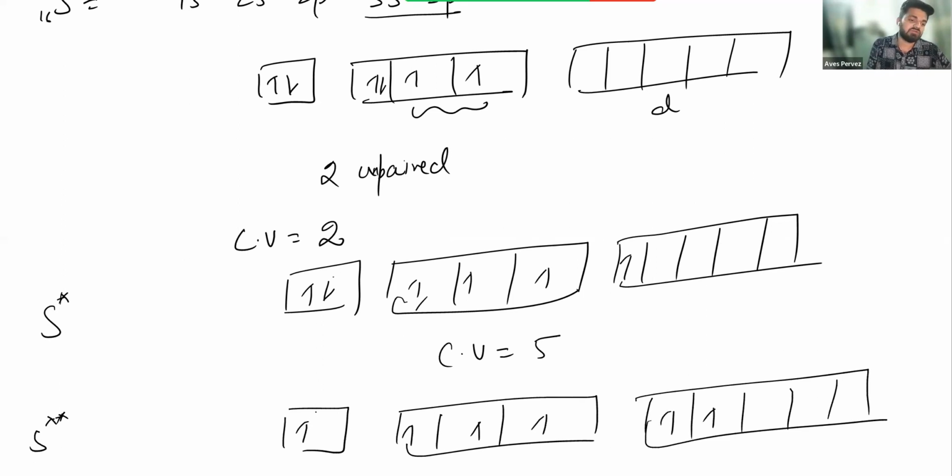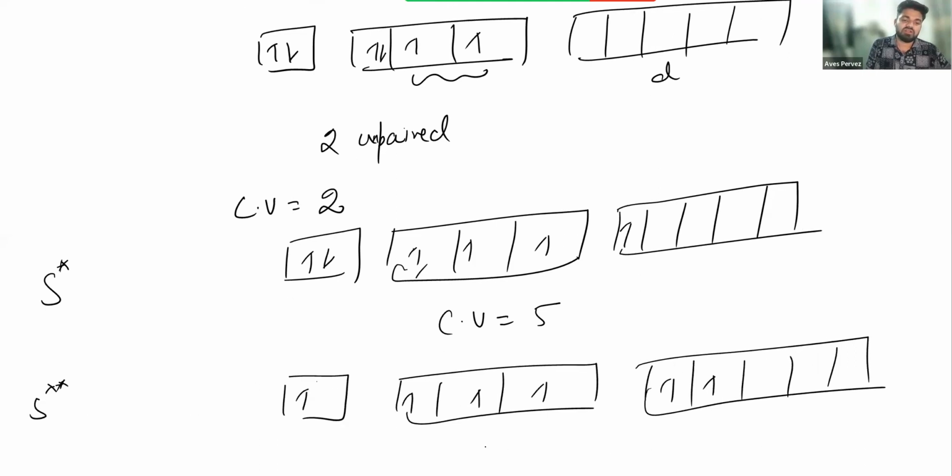Now this electron from here also jumps to this one, and now it is going to have 1 unpaired here, 3 unpaired here, and 2 unpaired here. It is going to have 6. So we say covalency is 6, and the number of bonds formed will be 6. So we can say that sulfur can have different types of covalency. Understood?